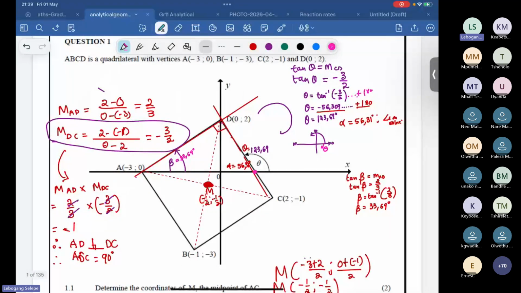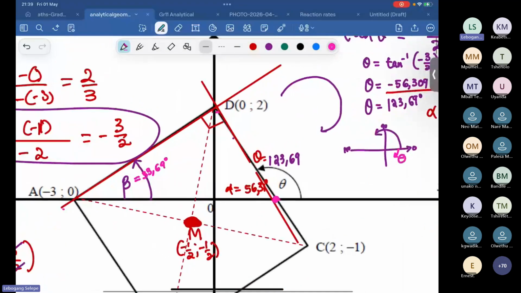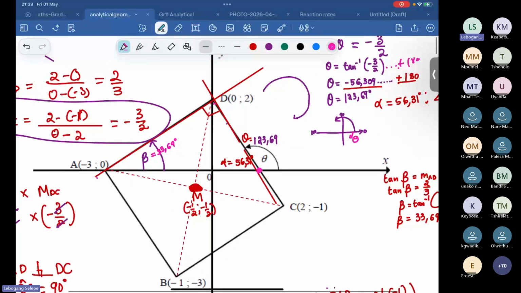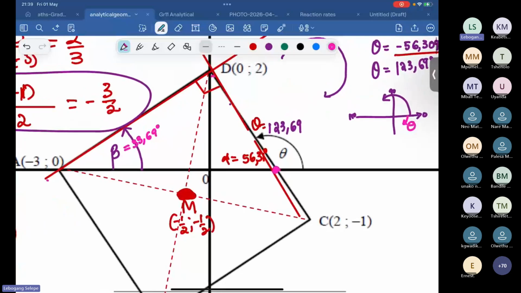So we have beta, we have alpha, we have theta. Now we can calculate the angle ADC. So using sum of angles of a triangle, how can I? There are two ways. You can use sum of angles of a triangle, or we can use exterior angle of a triangle. That also works.